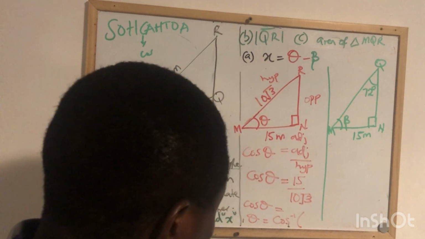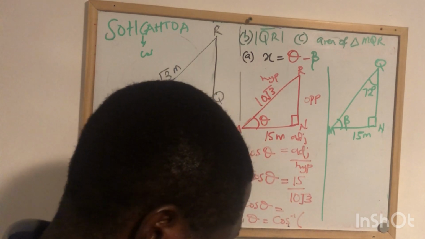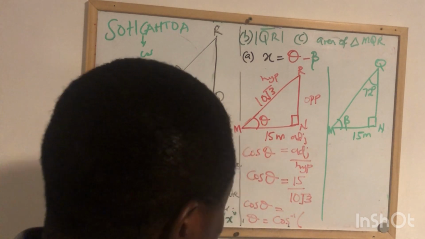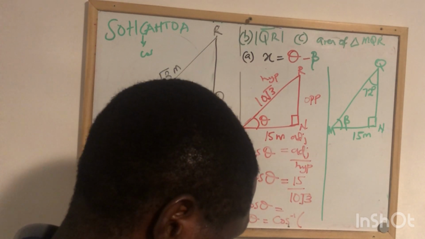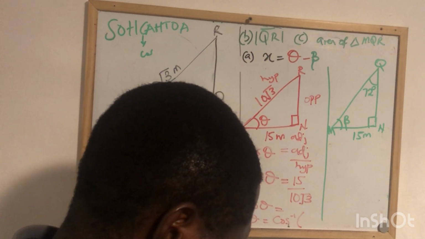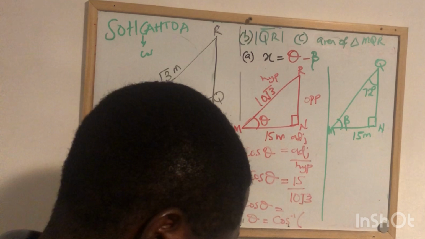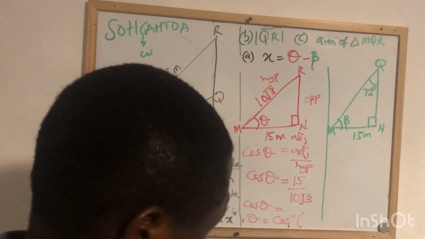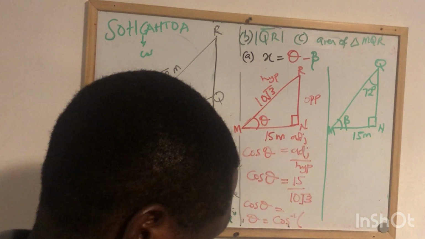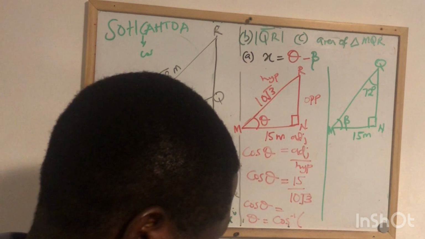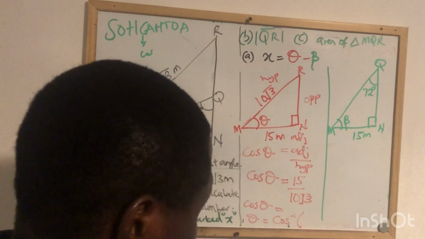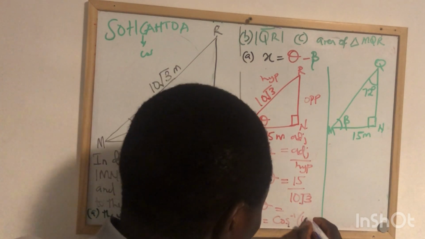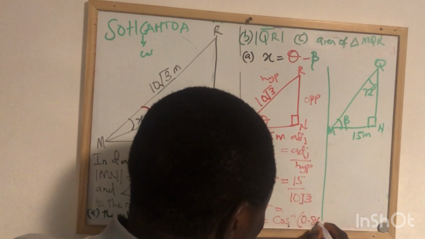So we have 15 divided by 10 root 3. 15 divided by 10 root 3 is going to be what? It's going to be 0.8660.